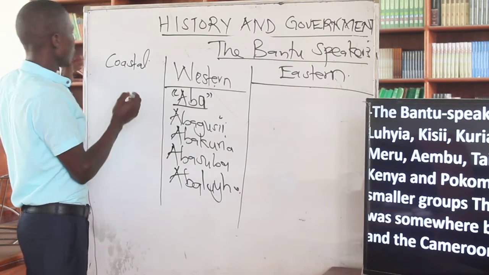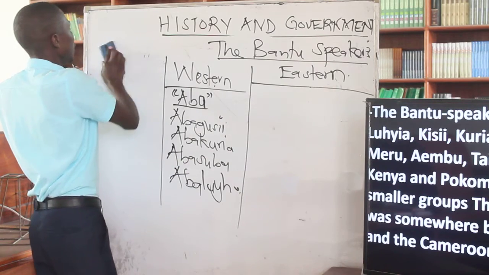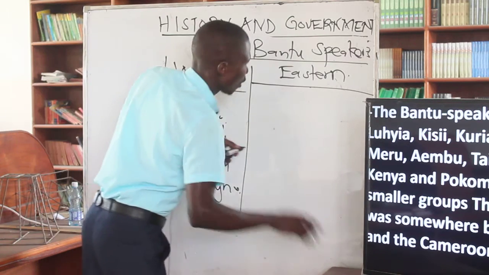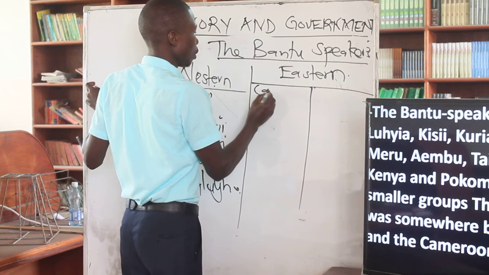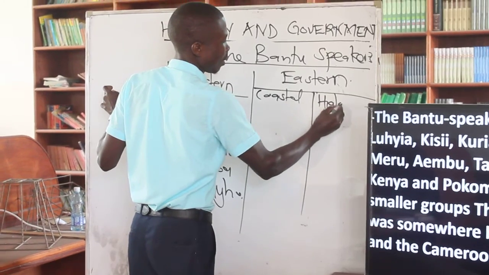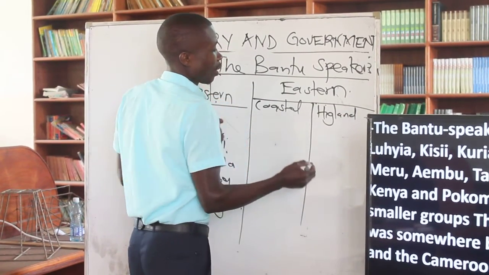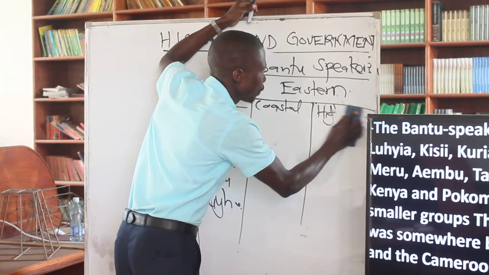Understand? Then in Eastern we have coastal and highland Bantus.